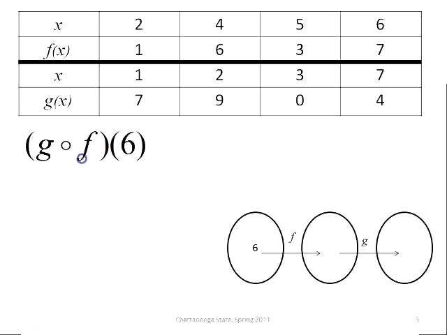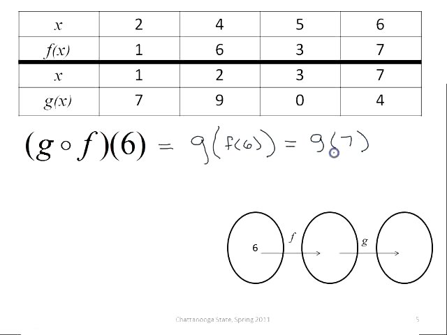So let's take a look at this. Here I have g composed with f of 6. So that means I want g of f of 6. So first thing I need to do is go to my f part of my table and see what f of 6 is. So if I go to x value of 6, f of 6 would be 7.